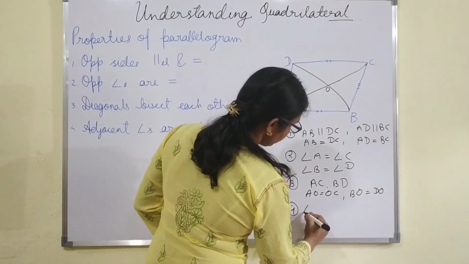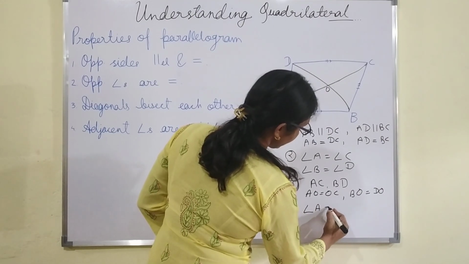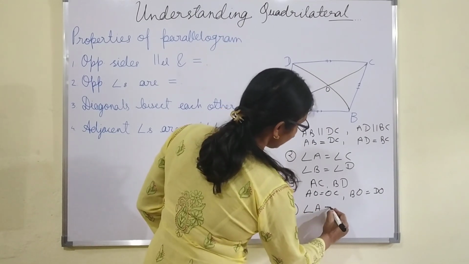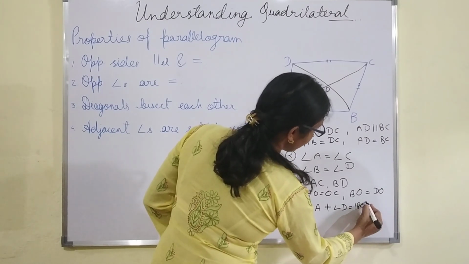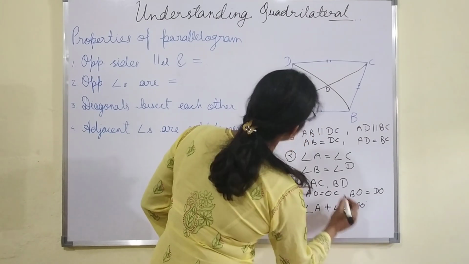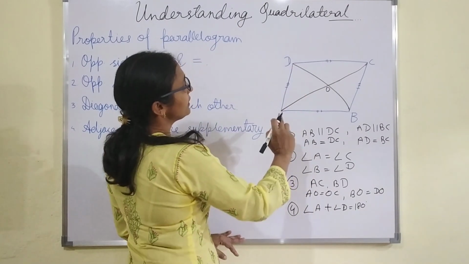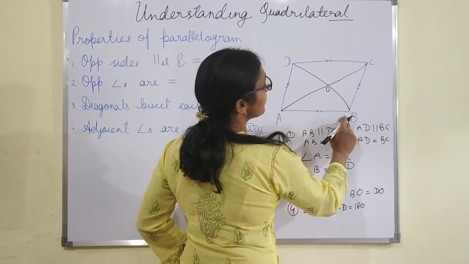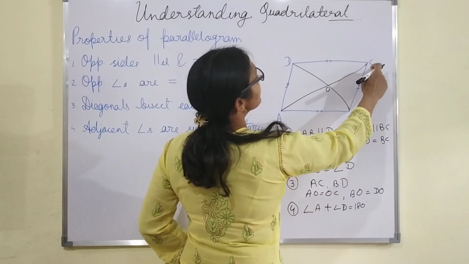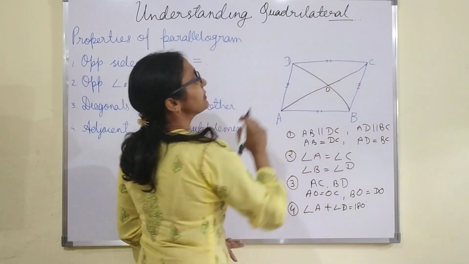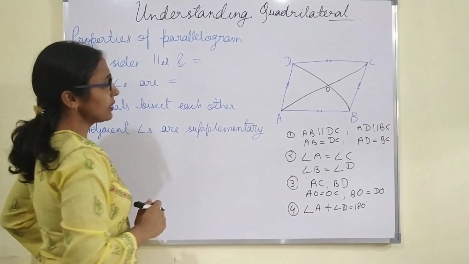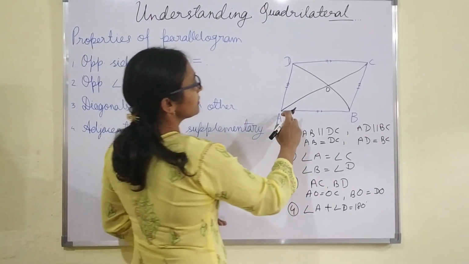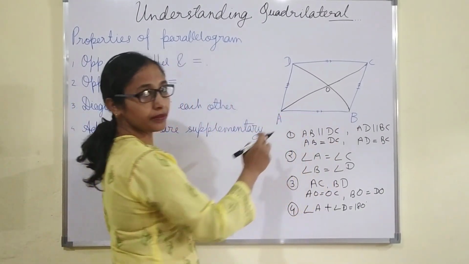Means angle A plus angle D equals 180 degrees. Similarly, angle A plus angle B equals 180 degrees, B plus C equals 180 degrees, D plus C equals 180 degrees. Okay, so adjacent angles share one common ray.